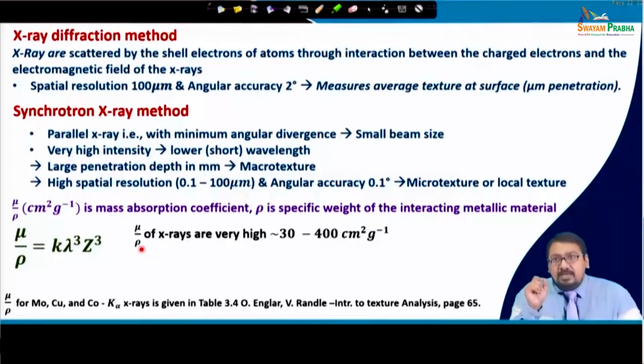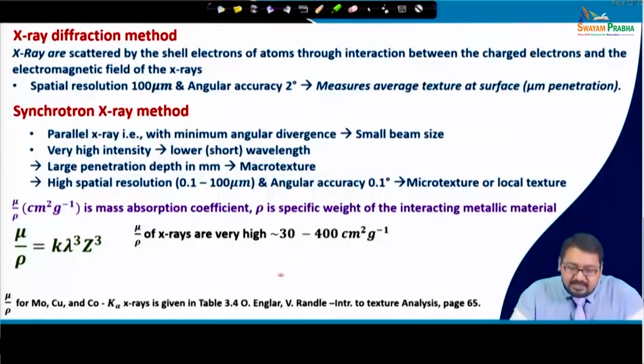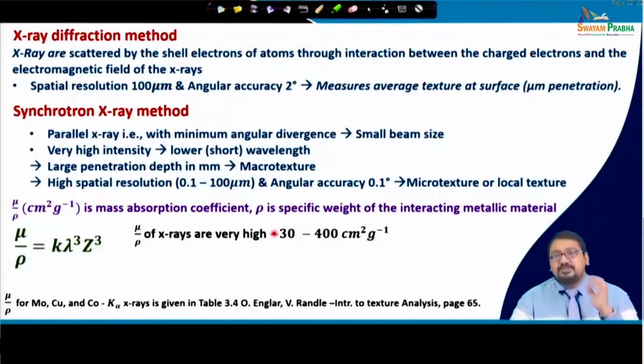So if we look into X-rays, as they interact with shell electrons and the nucleus too, they have a very high mass absorption coefficient for different materials from which the information is being collected, right. So it is very high, that is about 30 centimeter square per gram to 400 centimeter square per gram.